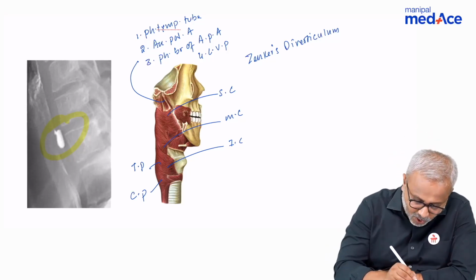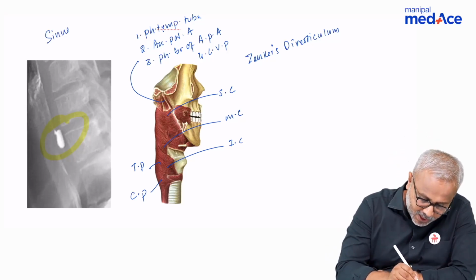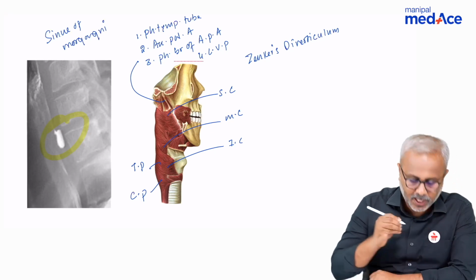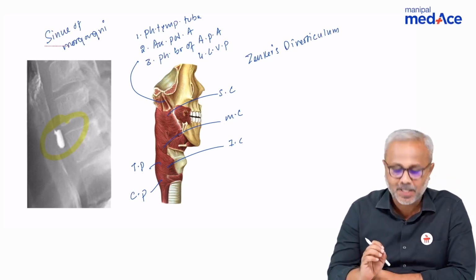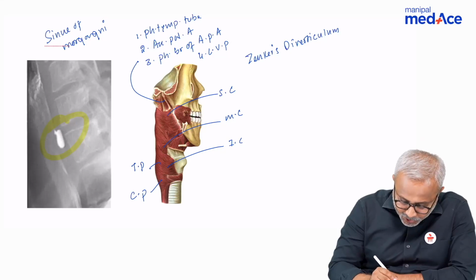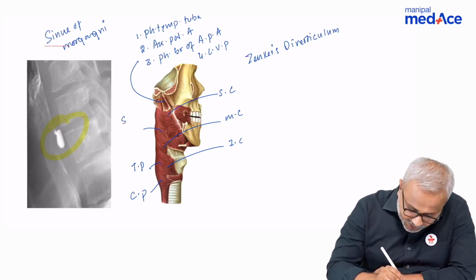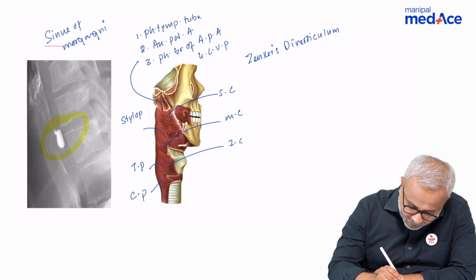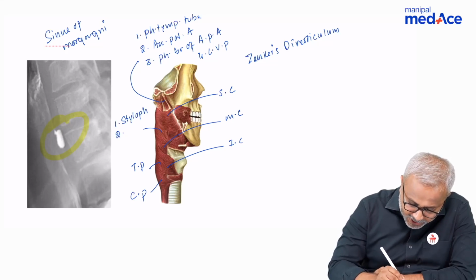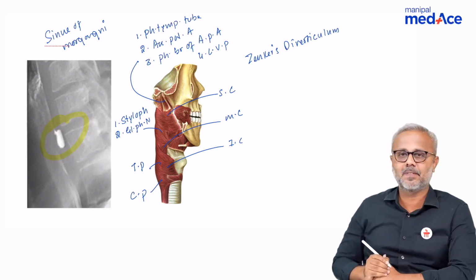And this space is also called as what? The sinus of Morgagni. Right? So this is called as sinus of Morgagni. Then the space between the superior constrictor and the middle constrictor, here passes the stylopharyngeus muscle, okay, one. Accompanying this is your glossopharyngeal nerve or the ninth cranial nerve.